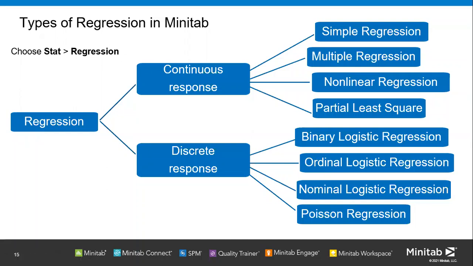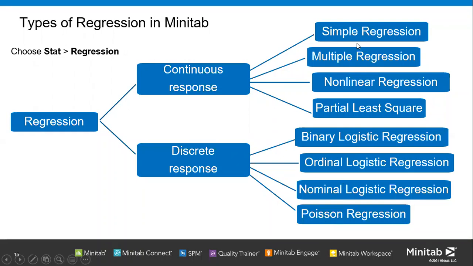If it has more than two categories but in order, like a Likert scale from 1 to 3, or satisfied, not satisfied, very satisfied, you can go for ordinal logistic regression. If your response is an event count, you can go for Poisson regression.